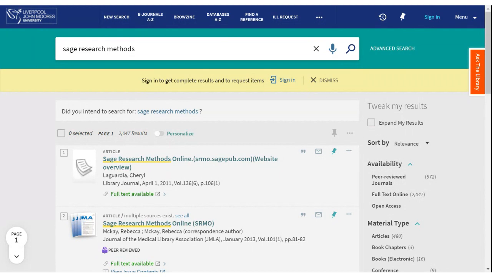Sage Research Methods. Now, if you go to this module's homepage, go to Academic Skills Resources, Dissertations, you'll find a tile there for this resource, because it's really, really good. So that could be really worth you having a look at.